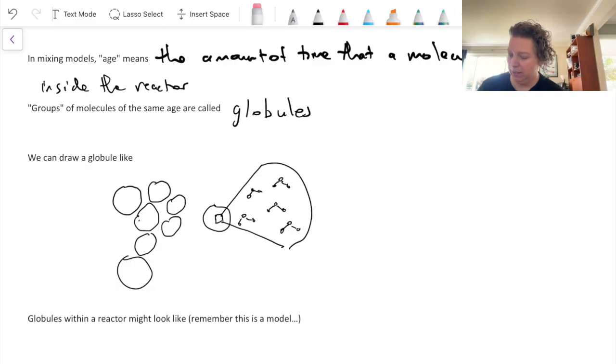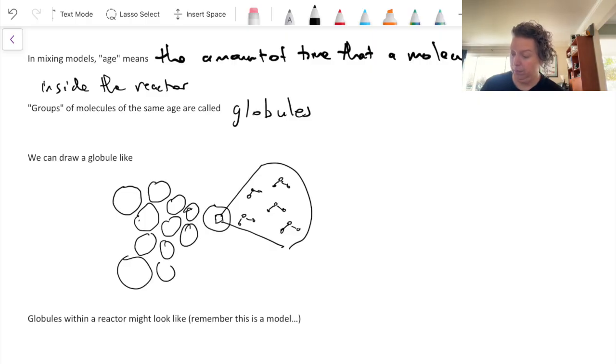So this is a group of molecules all the same age, another group of molecules all the same age, but different than the first one, etc. And again, this is just a theoretical model where we are trying to fill a volume of liquid and think about what the concentration dependence is as a function of position within the liquid, and this allows us to do that.